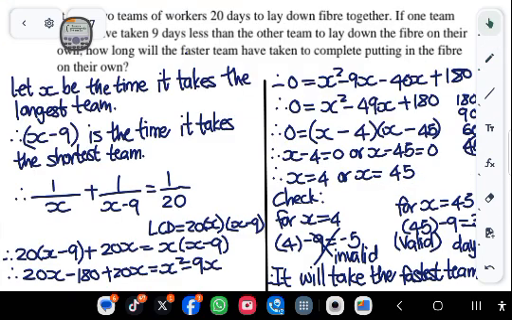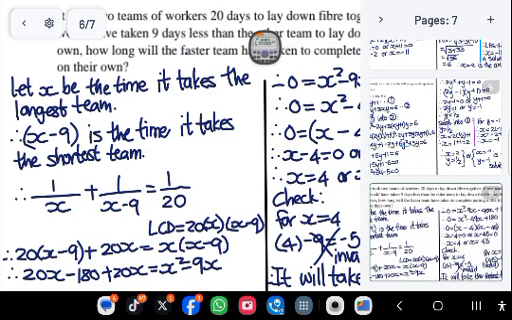And that's how you solve that word problem.